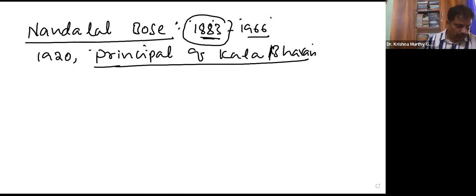He was known for several popular paintings. Next is popular paintings. First one, Shiva and Sati. His paintings.